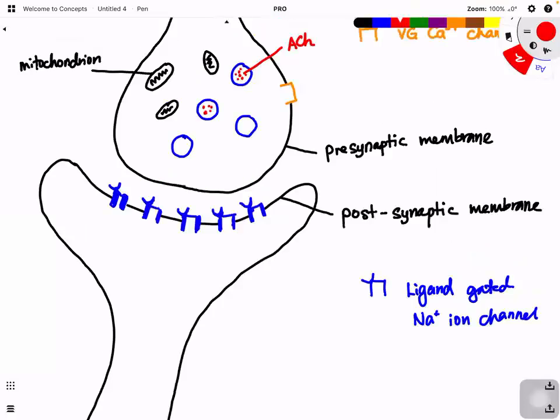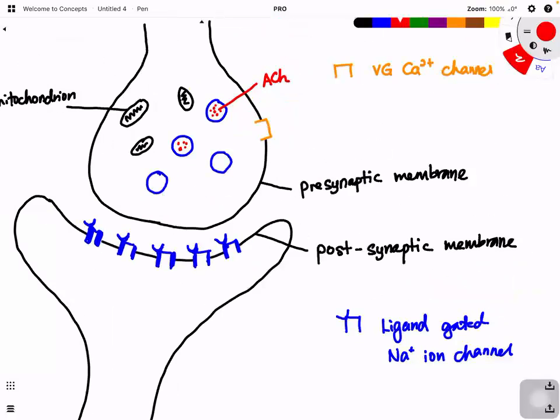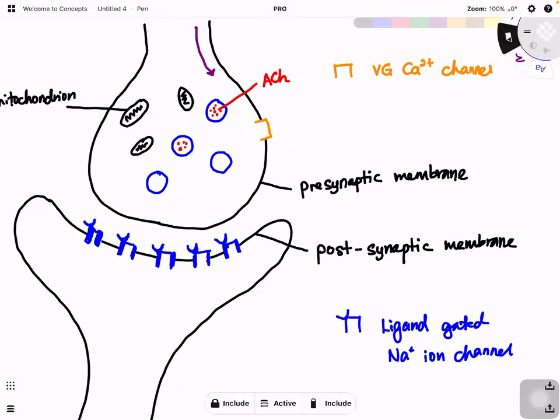The entire story is actually pretty simple. When the action potential arrives, because any action potential that arrives can change the voltage, it changes the membrane potential at the presynaptic membrane, and this can cause the voltage-gated calcium ion channel to open.